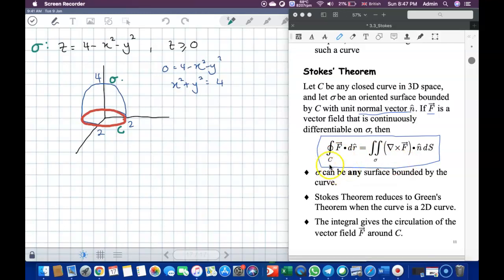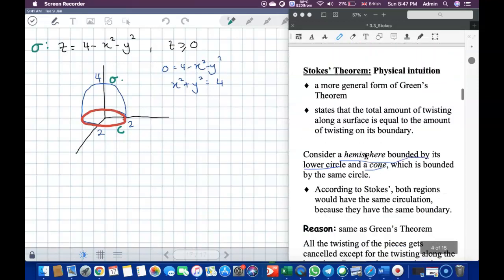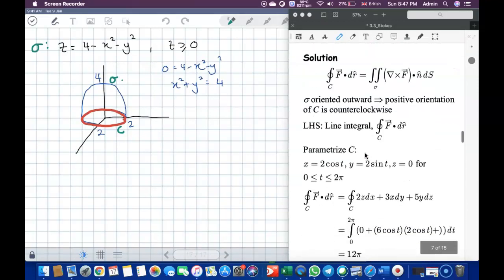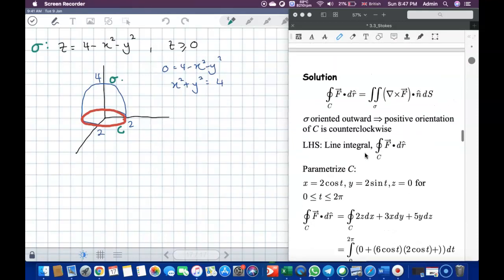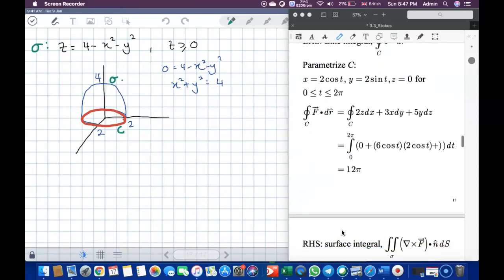Okay, in this note they give you the solution. If you look at the solution here, they provide the computation for the left side, and finally you will obtain 12 pi. I leave that for you to redo yourself, as practice for the line integral when C is a closed curve.